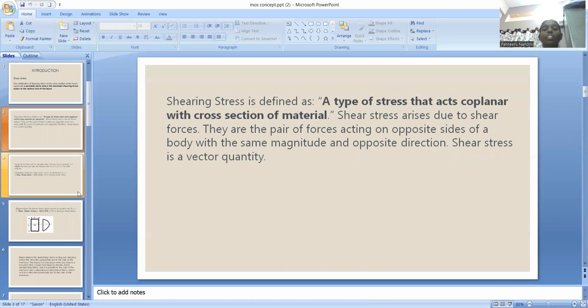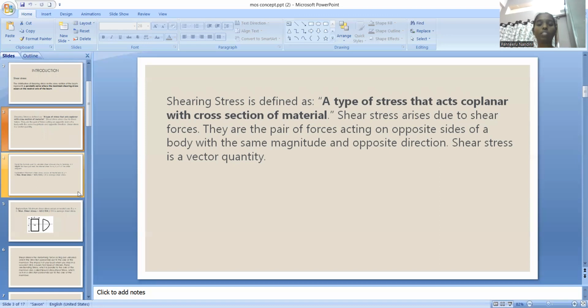Shear stress is defined as a type of stress that acts coplanar with the cross-section of a material. Shear stress arises due to forces. They are a pair of forces acting on opposite sides of a body with the same magnitude and opposite direction.